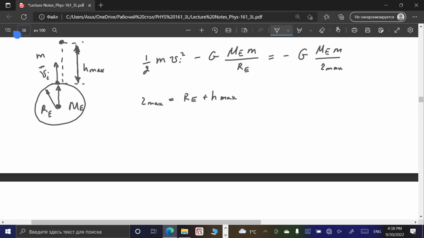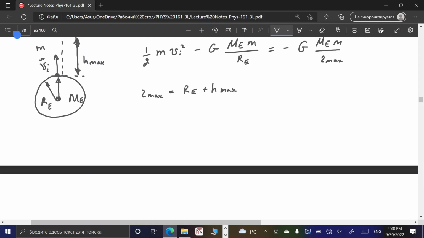So from here we can express already initial velocity. So we can also cancel out this mass of the projectile. It doesn't matter which mass it possesses. And now velocity, initial velocity square, will be equal to 2G times Me times 1 over Re minus 1 over r maximum. And instead of 1 over r maximum, we can substitute its expression here.